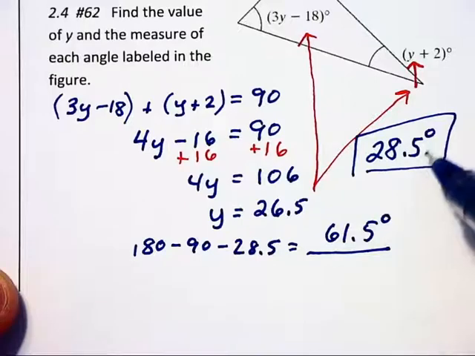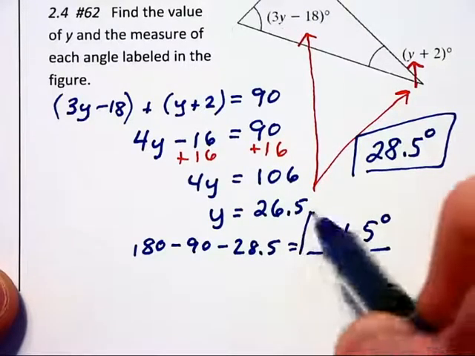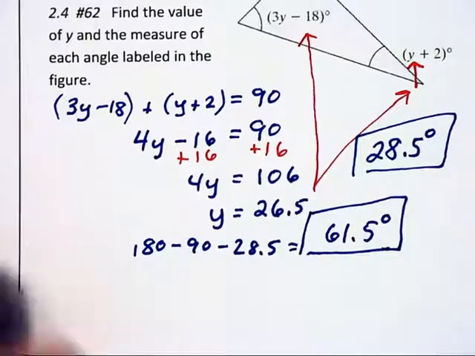Notice those add up to 90, plus the other 90 makes 180 degrees. And so there are the two remaining angle measures in this triangle.